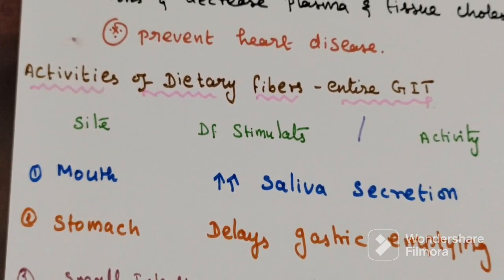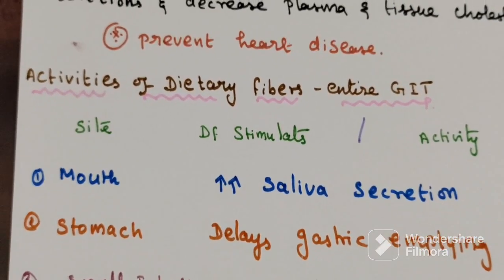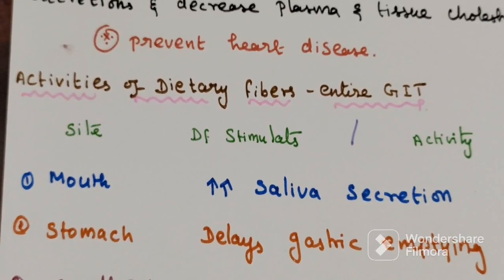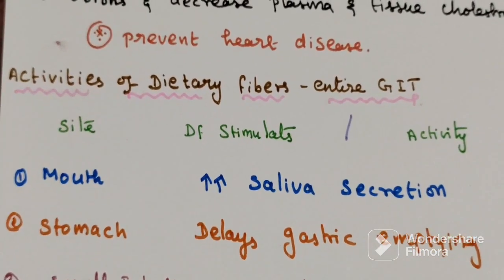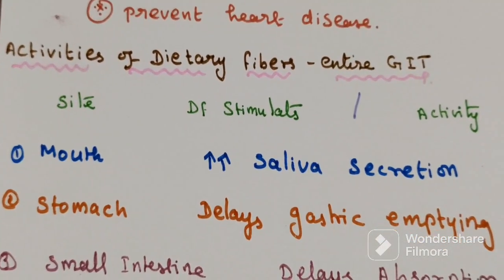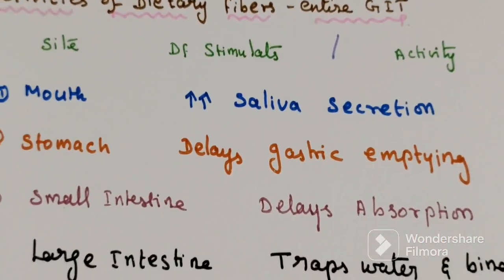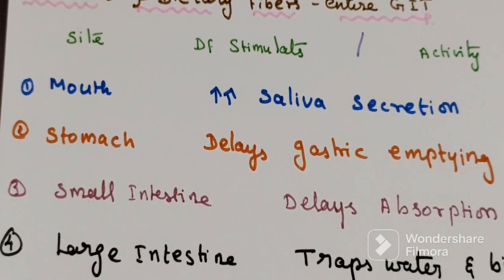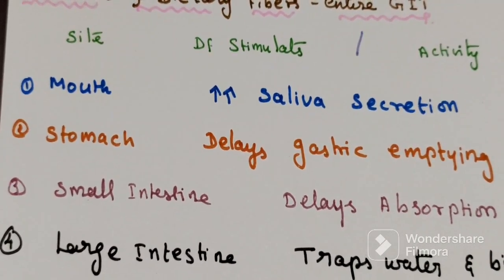Now we will discuss the activities of dietary fiber along the entire gastrointestinal tract. First one is the mouth. It increases salivary secretion. Second one is the stomach. It delays gastric emptying. Third one is the small intestine.